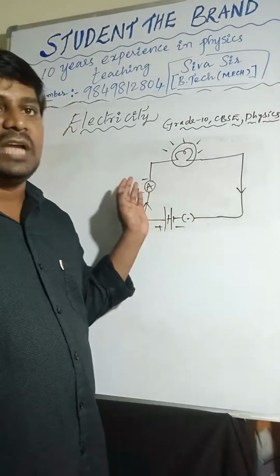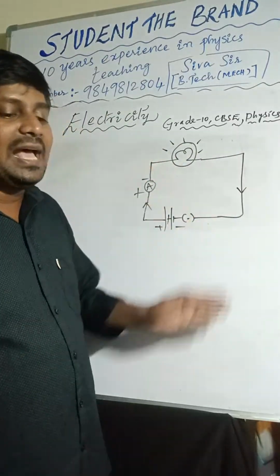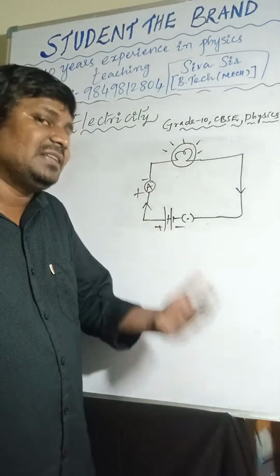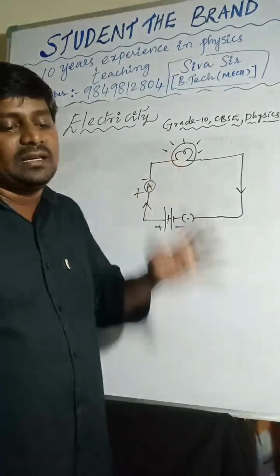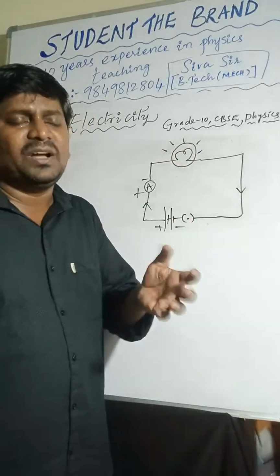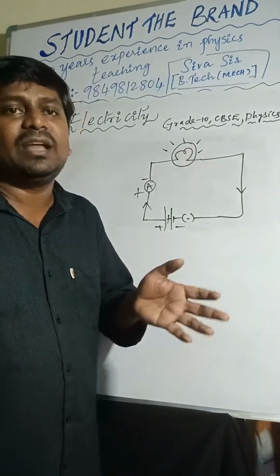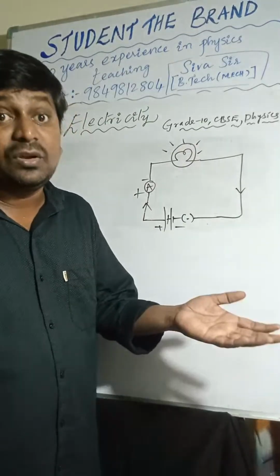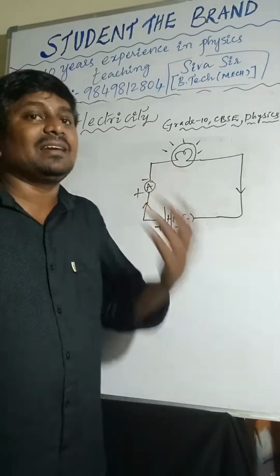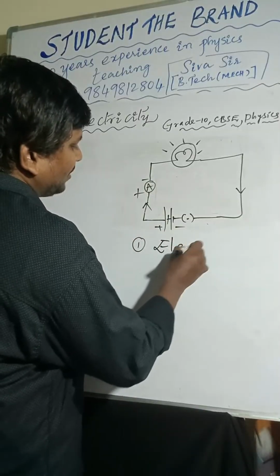A closed and continuous path of an electric current is known as an electric circuit, not electric current. Electric circuit. A closed and continuous path of an electric current is known as an electric circuit.